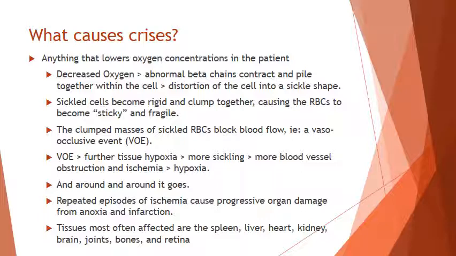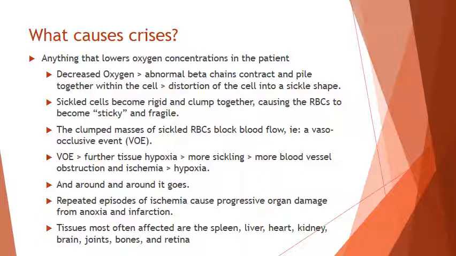A vaso-occlusive event will cause further tissue hypoxia, which causes more sickling, which causes more blood vessel obstruction and ischemia, and therefore more hypoxia, and around and around it goes. You can see how this is a cycle that can continue unless it's treated properly.